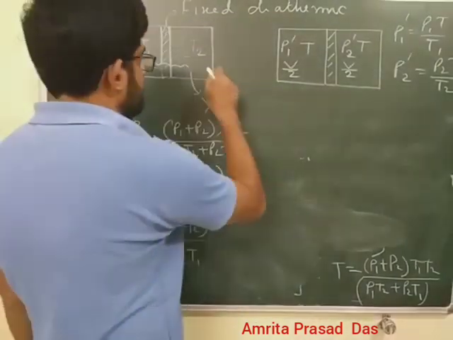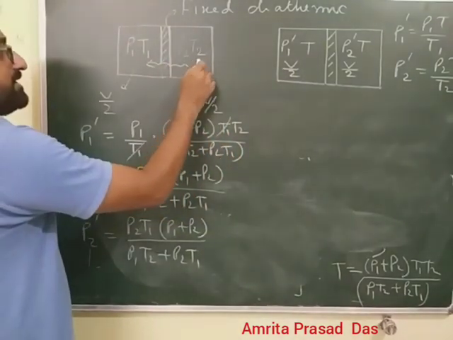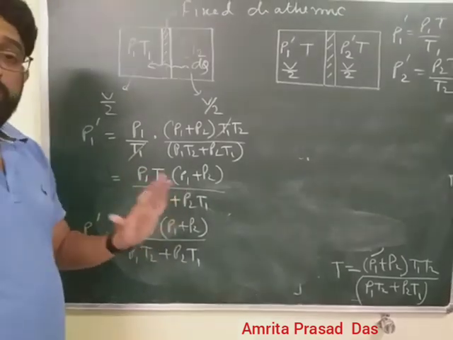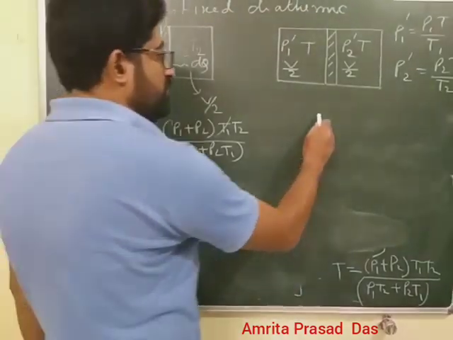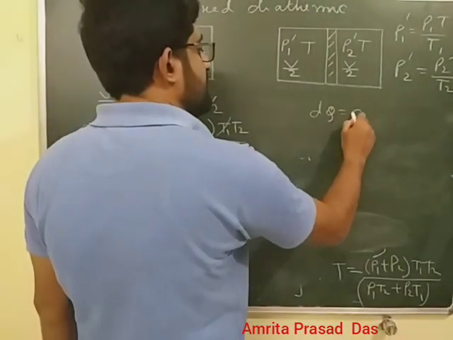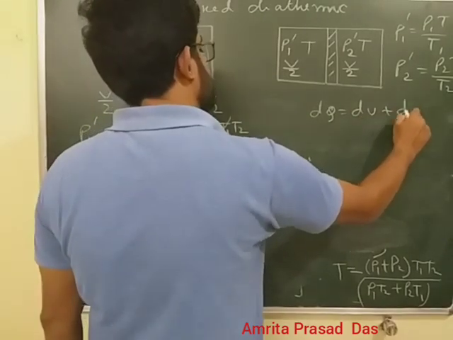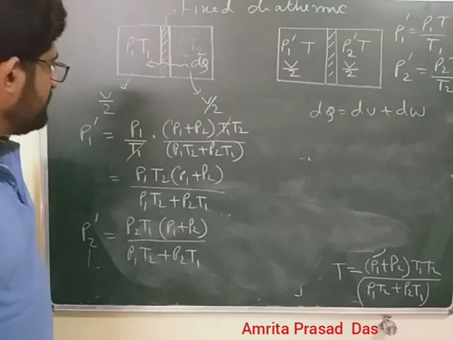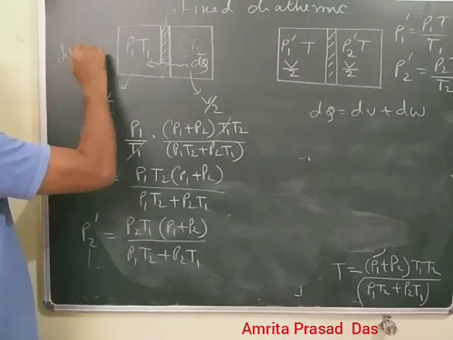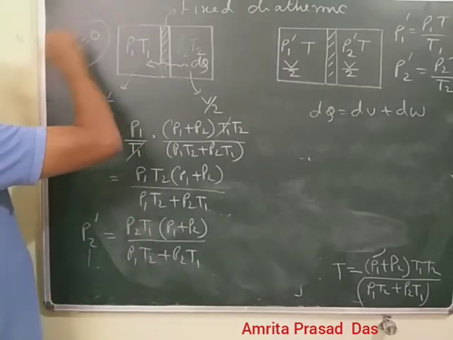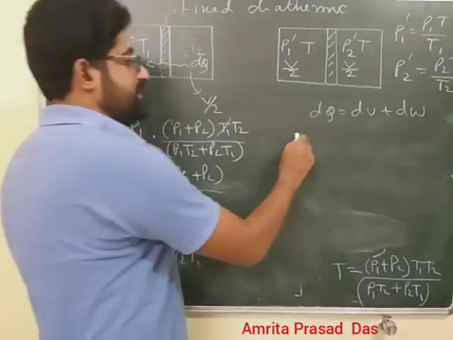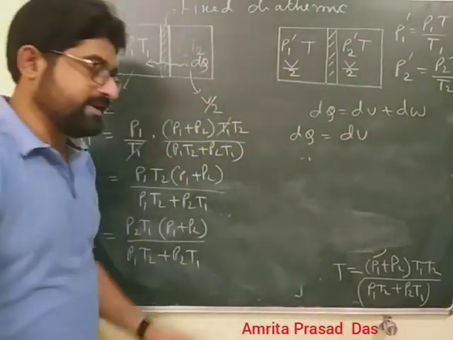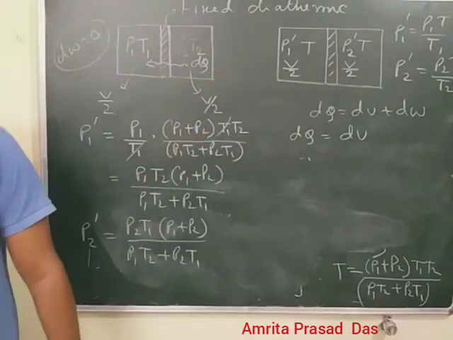Therefore, T2 is greater than T1, and how much heat dQ? We have to find out dQ. Now, from first law, we know that dQ is equal to dU plus dW. Here, dW is 0, the answer of our part A. Therefore, we can write dQ is equal to dU.